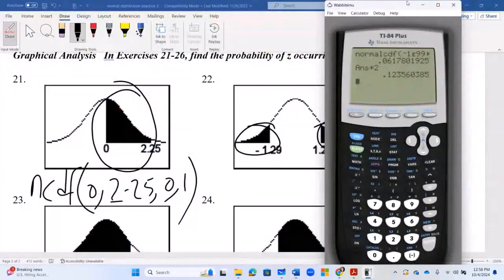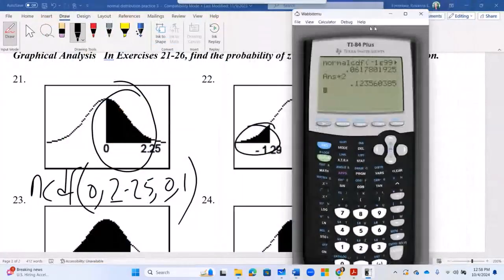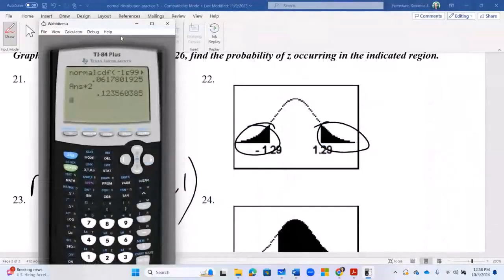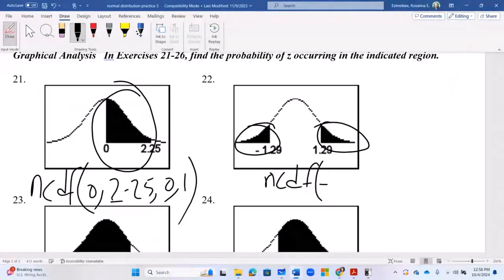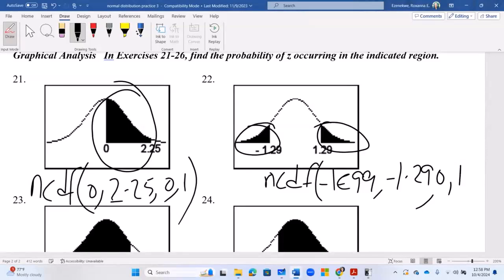All right, so find that area to the left. By the way, I have to write the argument. It's area to the left, so I have normal CDF, starting from negative infinity, stopping at negative 1.29, where the mean is 0 and standard deviation is 1.